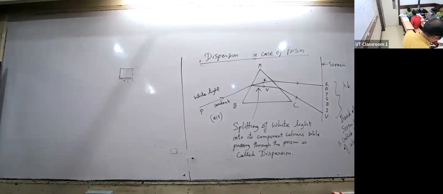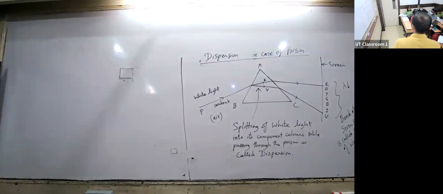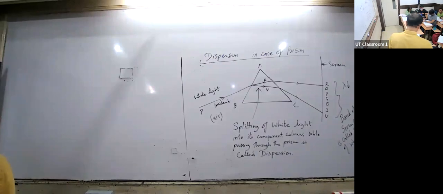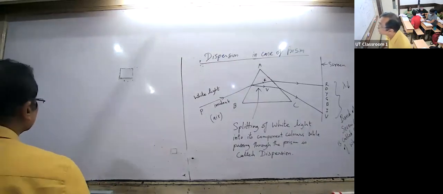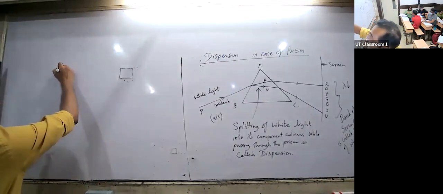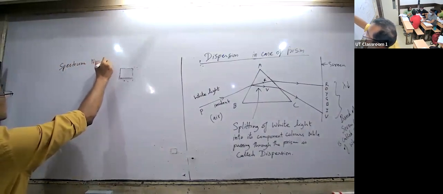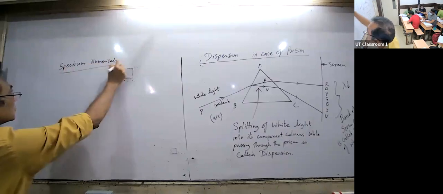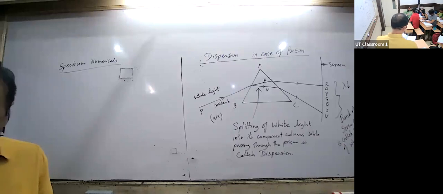There are only two lines. Huh? Drawing the diagram. Have we missed anything in this?